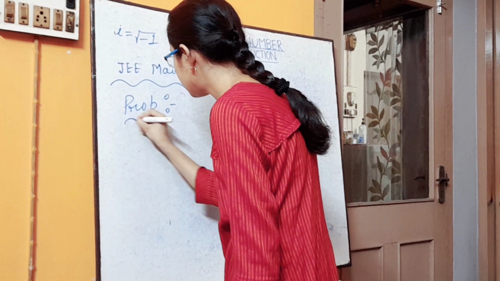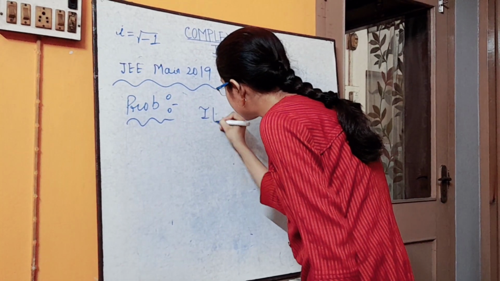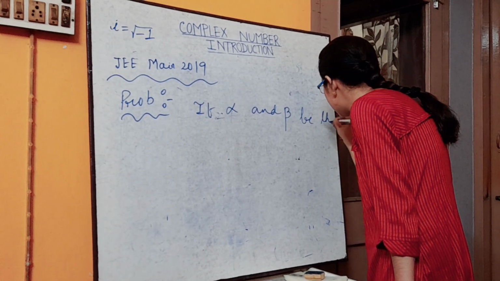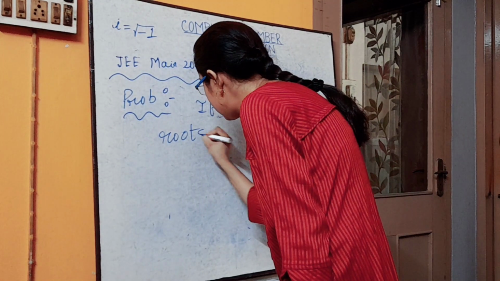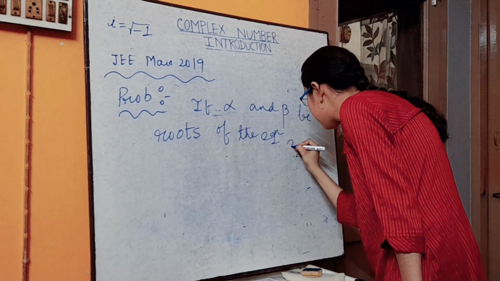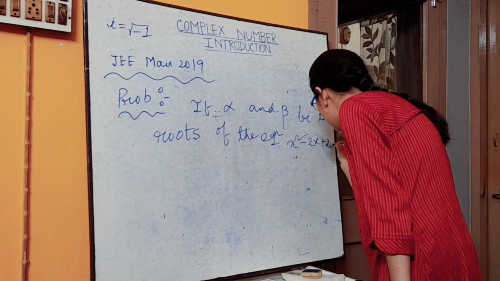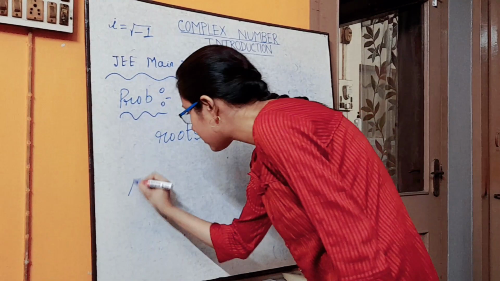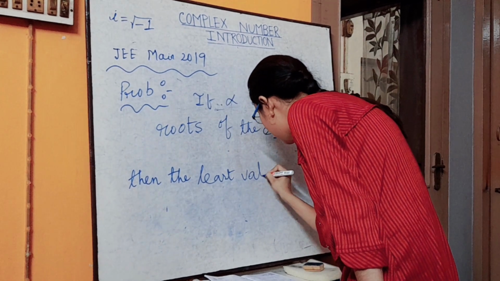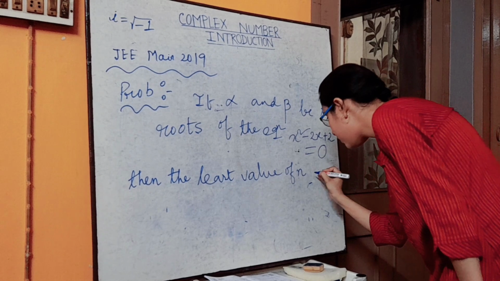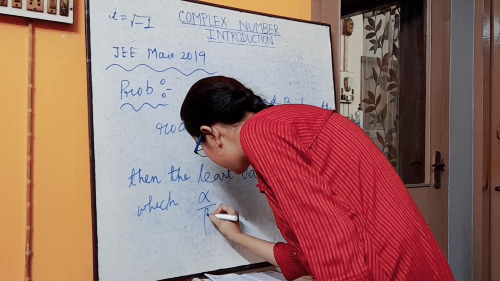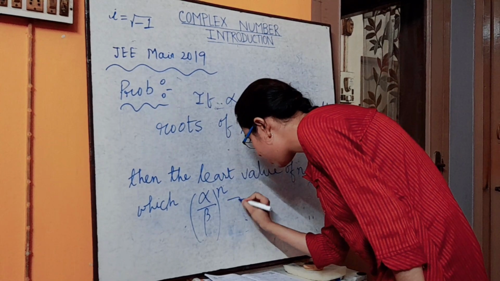The problem is, if alpha and beta be the roots of the equation x square minus 2x plus 2 is equal to 0, then the least value of n for which (alpha by beta) whole to the power n is equal to 1 is.